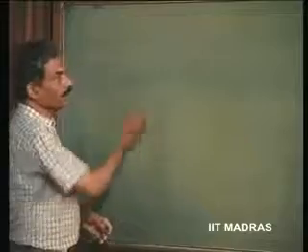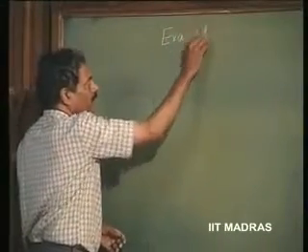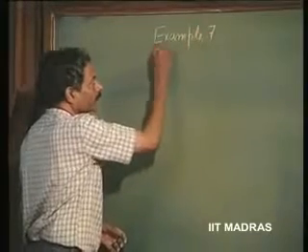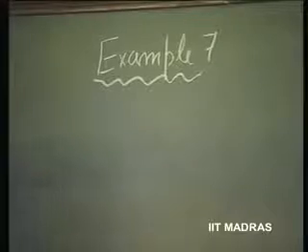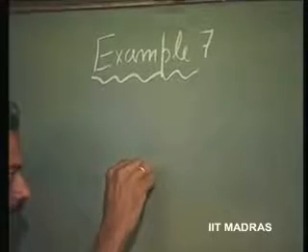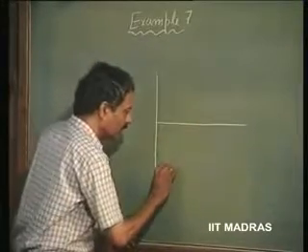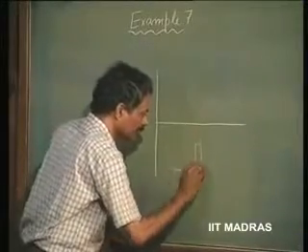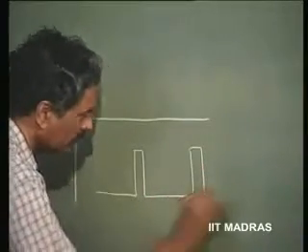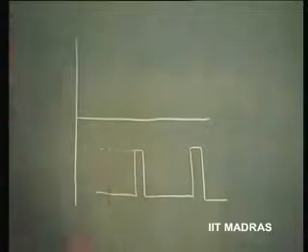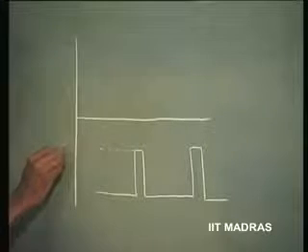Another example that we will take today is regarding the clamping circuit. Let us say I want a voltage which is a square wave or rectangular wave, let us say, we will make it general, to be clamped to minus, let us say, 5 volts.